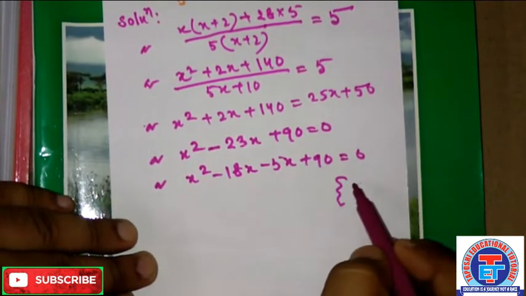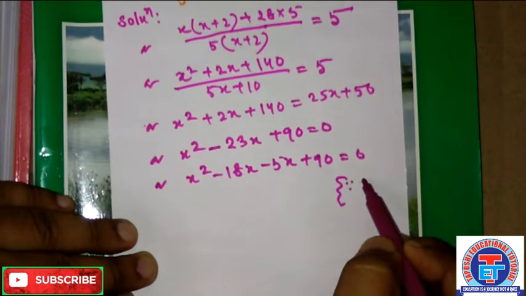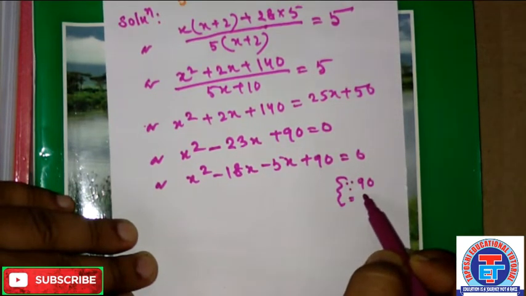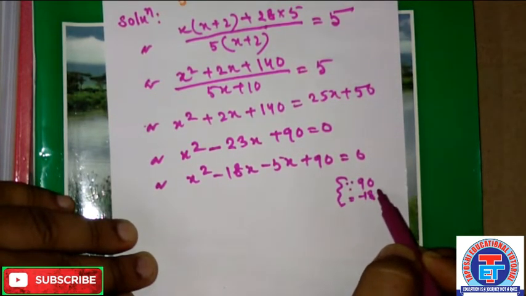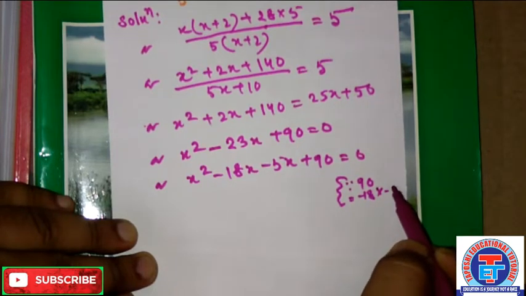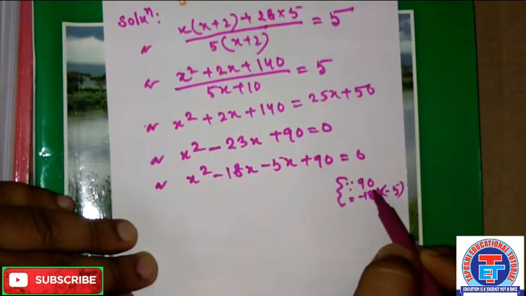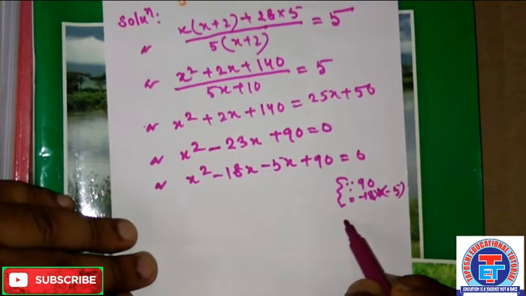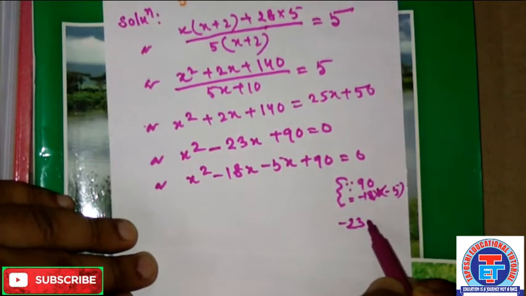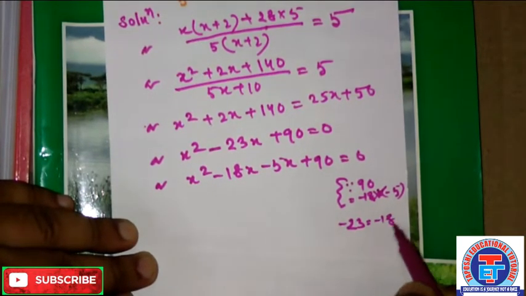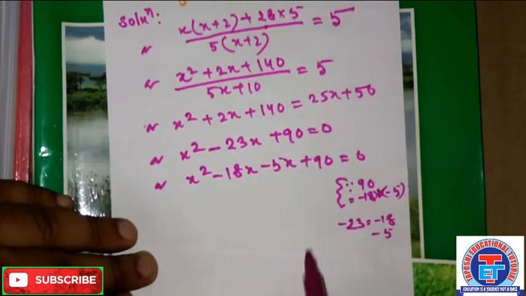Here you can see, 90 splits into minus 18 into minus 5, right, into minus 5. So minus 23 splits into minus 18 and minus 5, right.